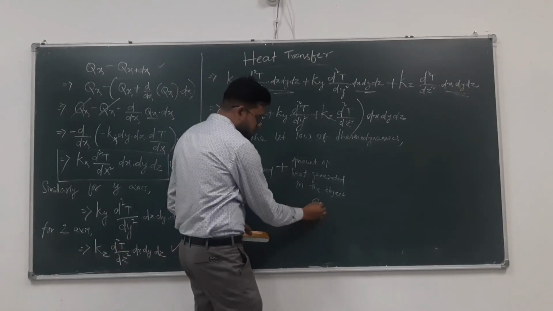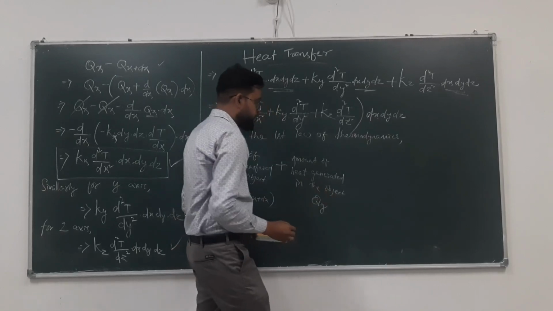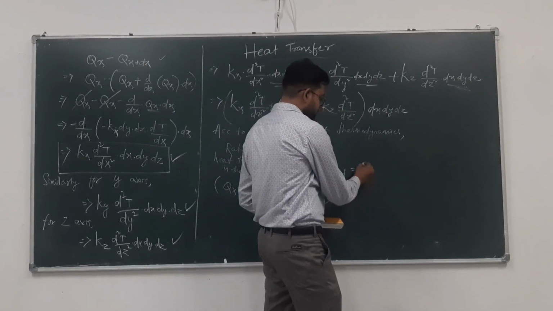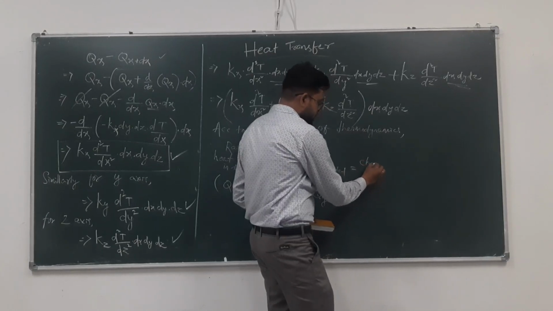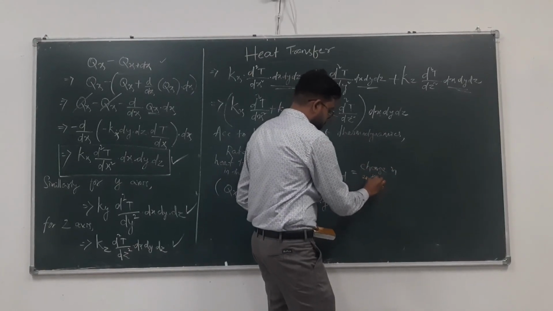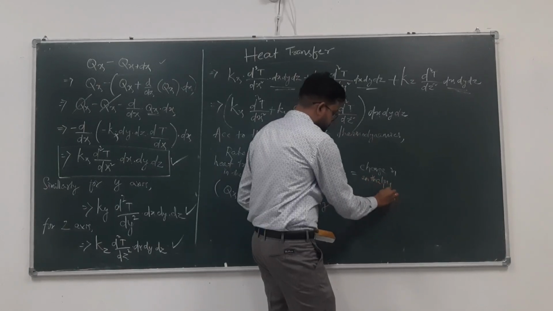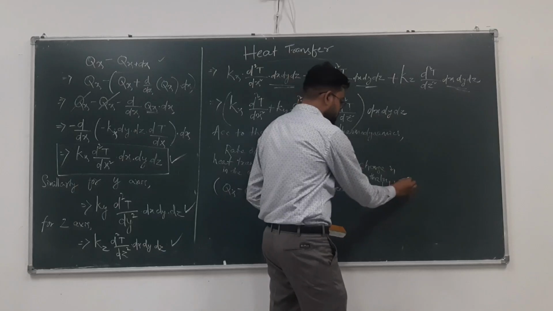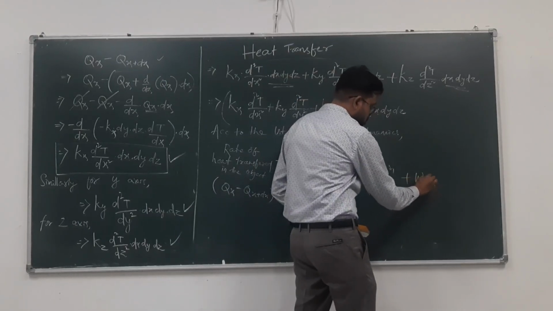This one is Qg, equal to the change in enthalpy, which is rho h, plus work done.